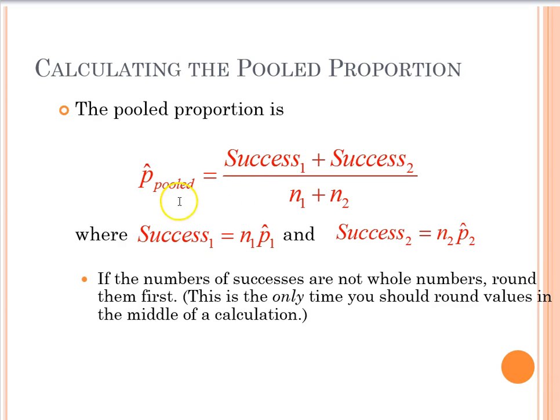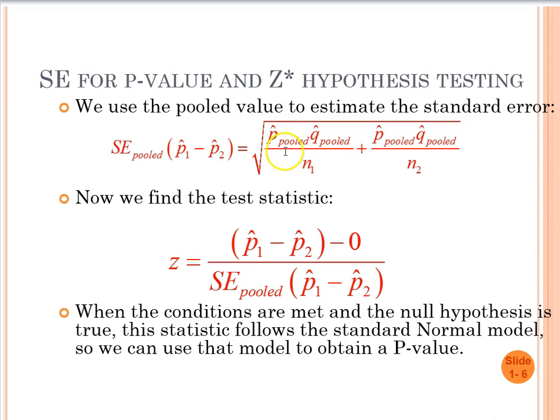If we think they have the same rate of smoking, then we can just pool them together, and that's going to give us p-pooled. Once we have that p-pooled, we can get a q-pooled as well, so it's just 1 minus p-pooled. And then we need to divide by the sample size, so we need to take into consideration that we have two different sample sizes.